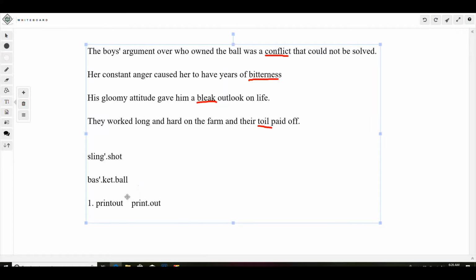Okay, so being a compound word, which syllable do we say the loudest? Remember what I told you? It's always the first syllable. So you'll want to put the accent mark there on that first syllable. Print out. Okay, so that's how you're going to do all of those, and there's 16 of them. Now be very careful.